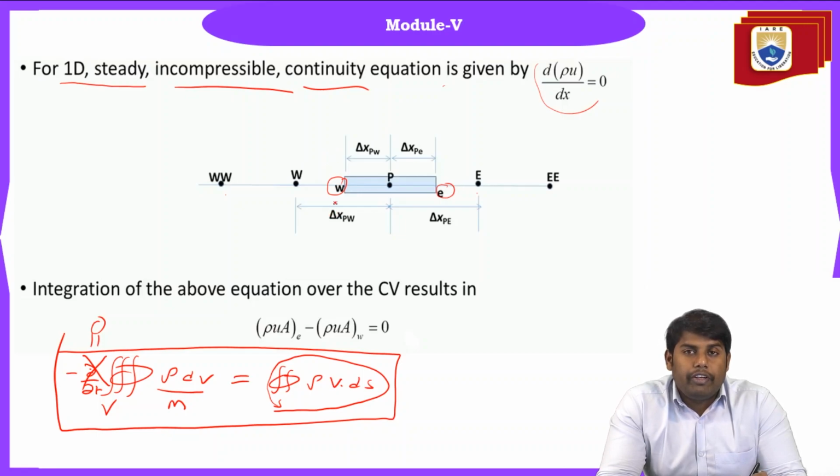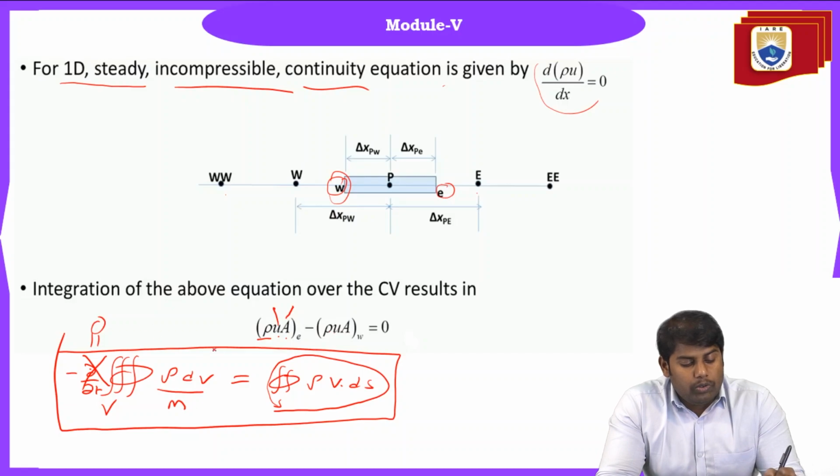When we do the integration between the west and east faces, we have rho u A at east, which is density, velocity along the x direction, and area at the east face, minus rho u A at west, where rho is density, u is the x velocity, and Aw is the area of the west face.